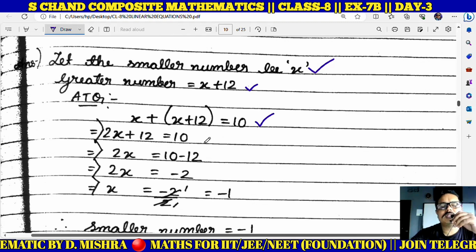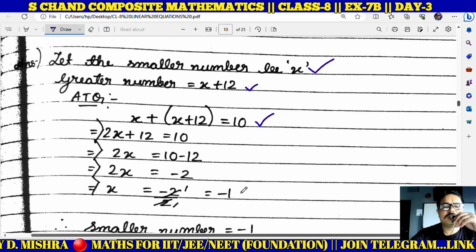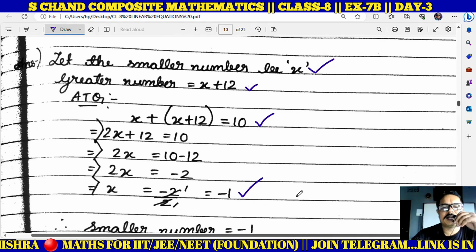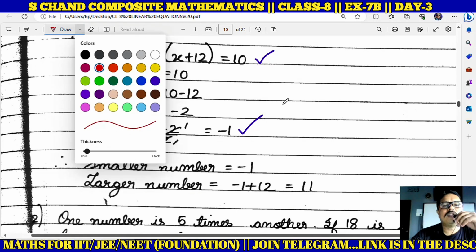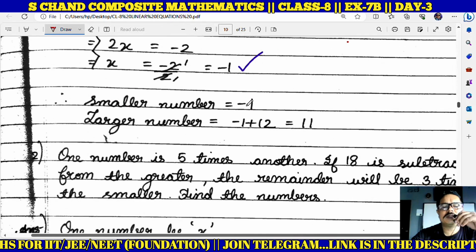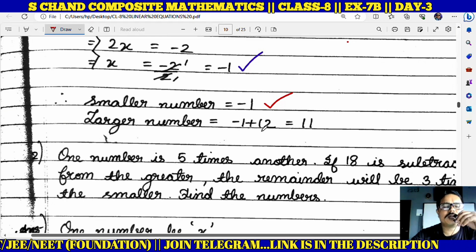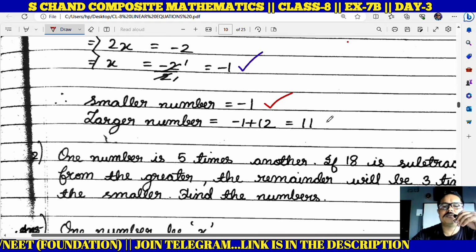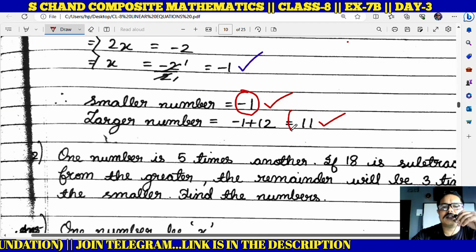And now here is the concept of just solving a linear equation, and after solving, the value of x has come -1. This means the smaller number is -1 and the greater number was x plus 12, so -1 plus 12, which is 11. So these two are the numbers, one is -1, another is 11.